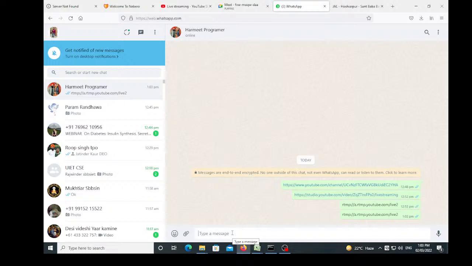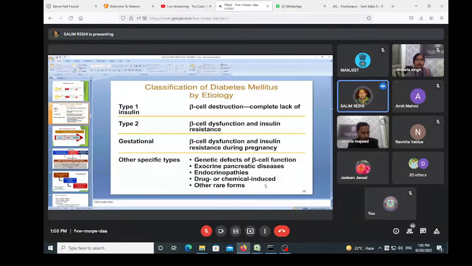Type 2 diabetes is beta cell dysfunction and insulin resistance. Gestational diabetes is beta cell dysfunction and insulin resistance during pregnancy. Other specific types are genetic defects of beta cell function, exocrine pancreatic diseases, endocrinopathies, drug or chemical induced, or other rare forms.